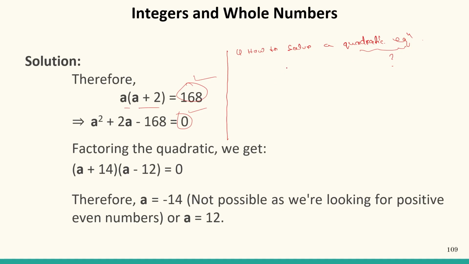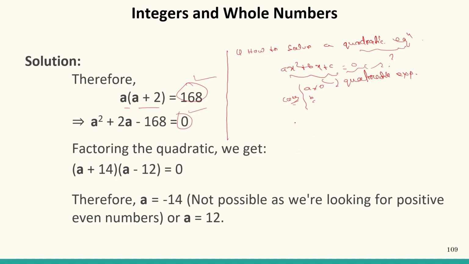An expression of this form, that is ax square plus bx plus c, this is called a quadratic expression. Here a must not be equal to 0, and b, c are constants. Equating it to 0, what we are left with is a quadratic equation. That is what a quadratic equation is.